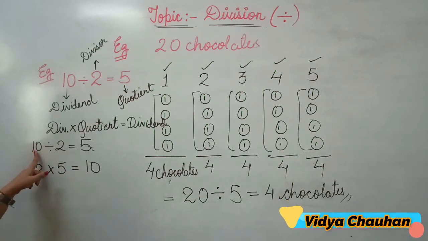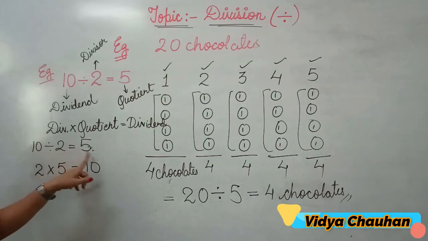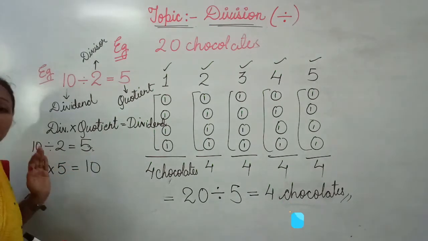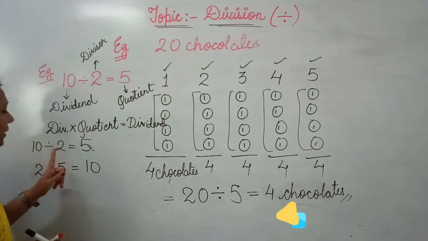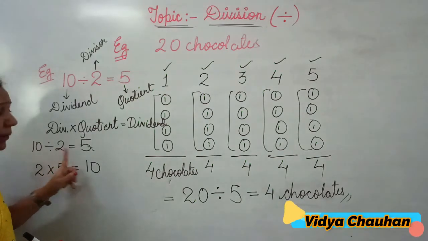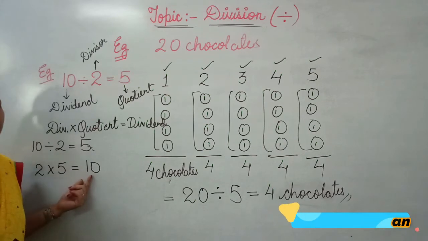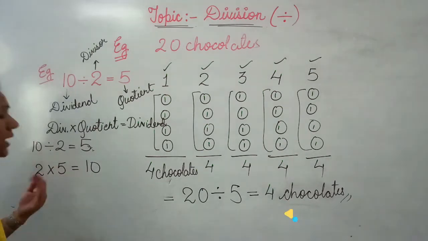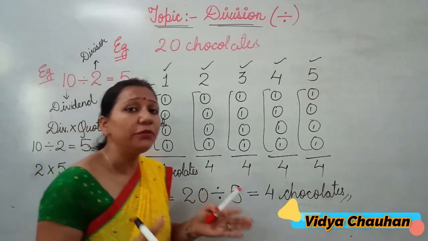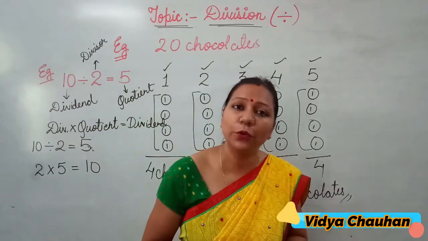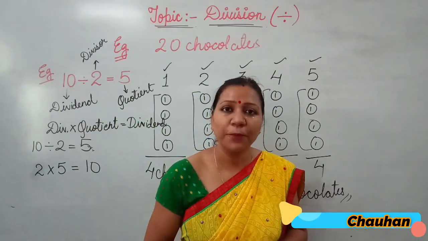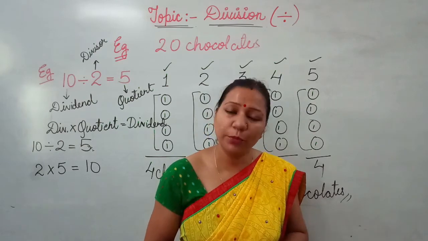So earlier it was dividend divided by divisor is equals to 5. Now, writing it into the multiplication fact is divisor multiplied by quotient, and it will be equals to its dividend. Right, children? So this is how you can write any term which is given in division fact into its multiplication fact. Now we will take some questions from your book exercise.